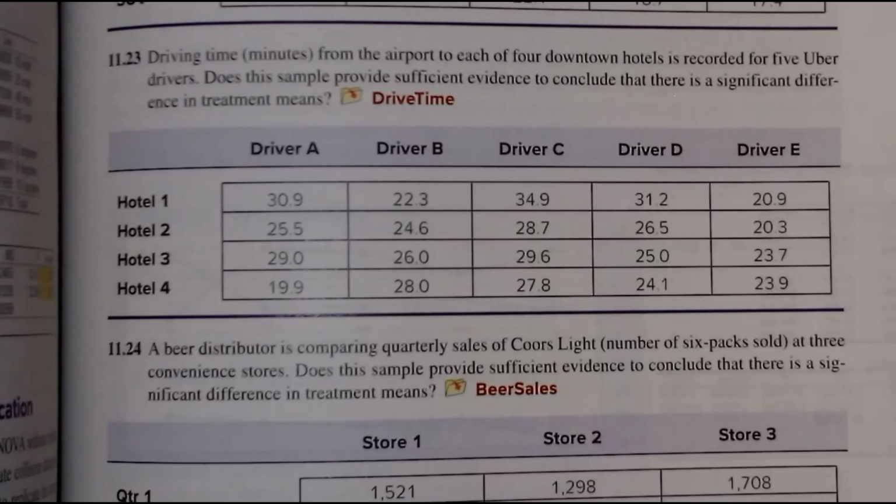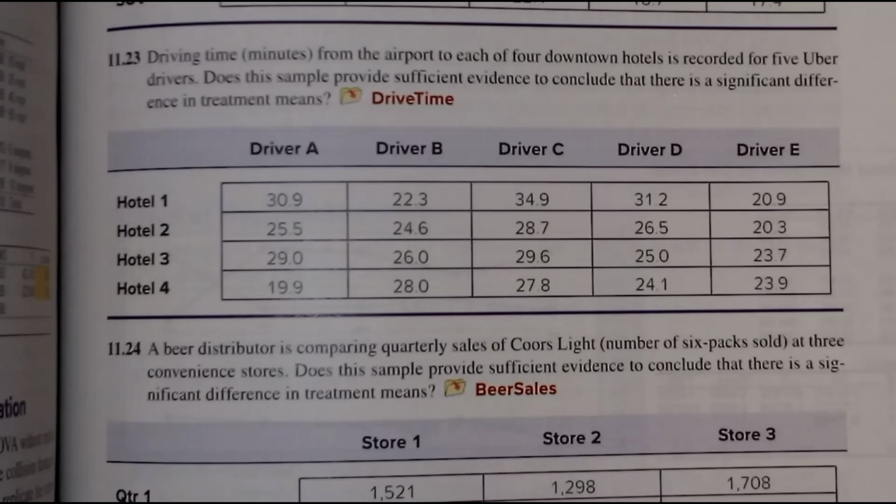If this were a randomized block, which is the actual treatment and which is the random factor? Which are my blocks? Which are my treatments?